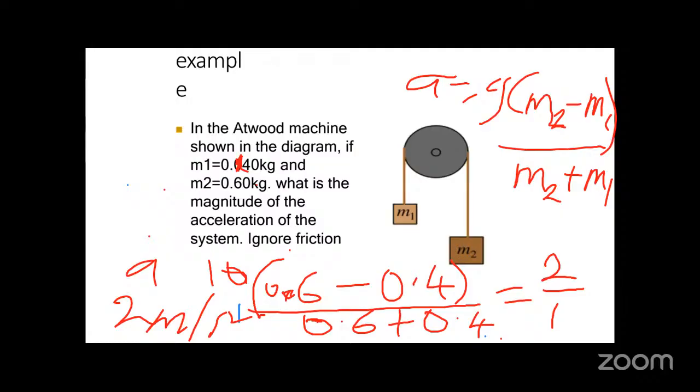So I want to give you something to solve now, and tell me the answer.